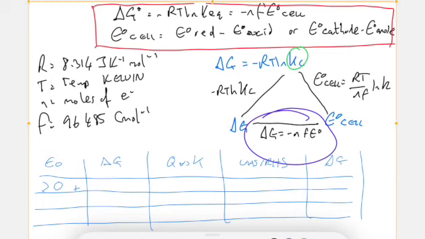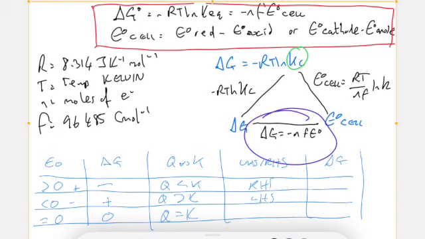96,485. There's a little table at the bottom, which is looking at the relationship between the E naught values. Clearly E naught has to be positive to give a negative delta G. Negative delta G means it is spontaneous. Don't forget, that doesn't include the kinetic factors with regards to the reaction. When Q is less than K, it goes to the right hand side.